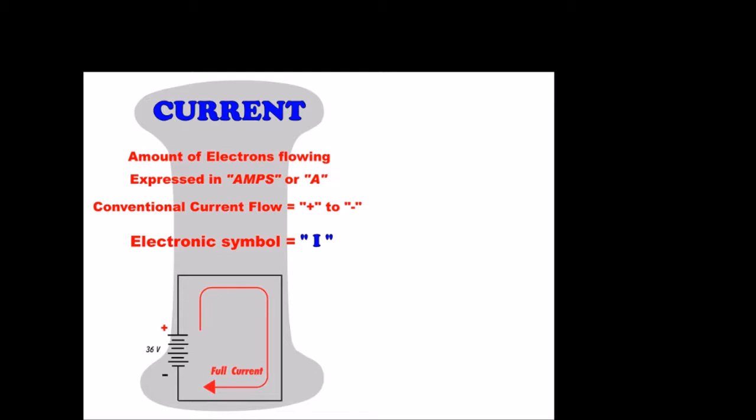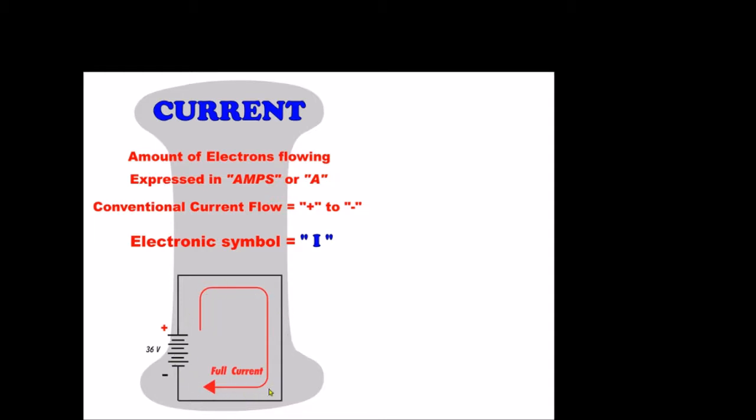So the amount of electrons flowing is expressed in amps, or A for short, of course. Conventional current flow, again, we're going to talk positive to negative. Now, our electronic symbol is I, for intensity. And this would be our current flowing through the circuit here.